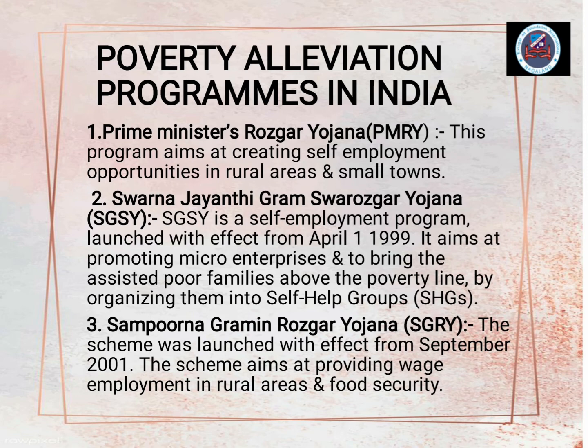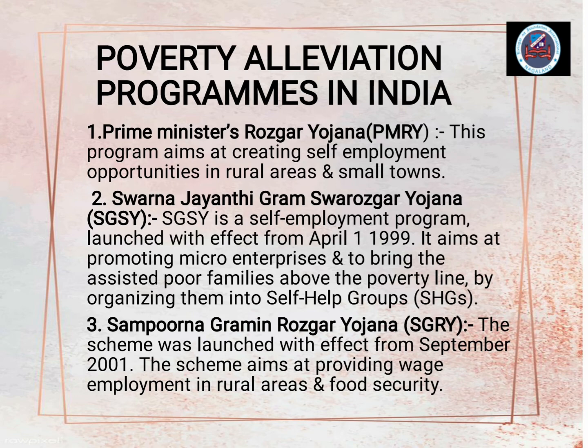It aims at promoting micro enterprises and bringing the assisted poor families above the poverty line by organizing them into self-help groups. Now, what do the self-help groups do? Initially, these self-help groups are encouraged to save some money and lend among themselves as small loans. So this is what they do in SGSY.